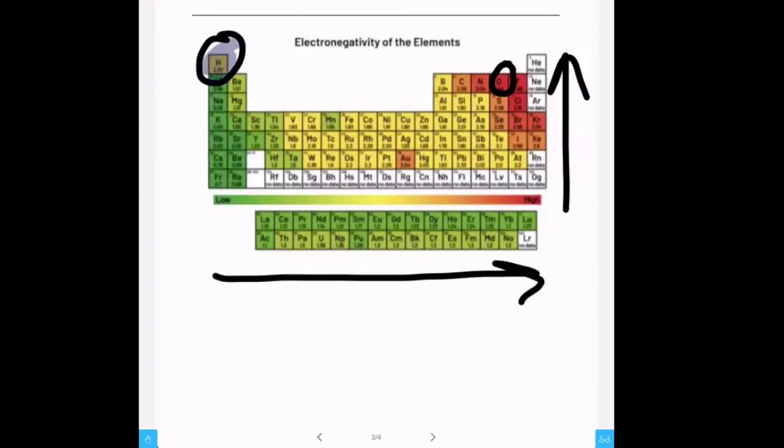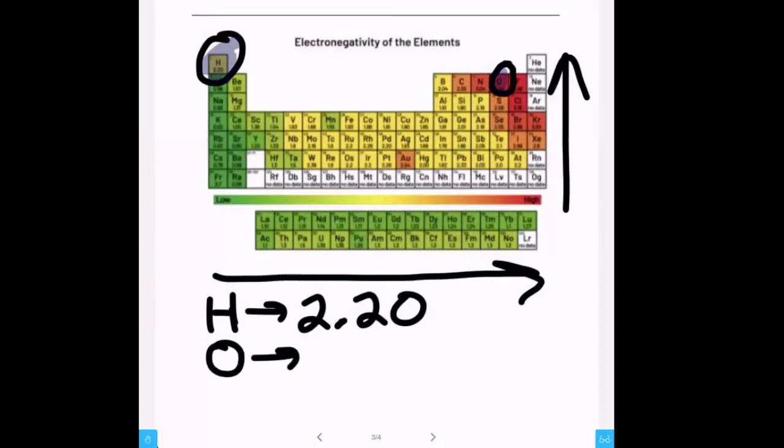So it's 2.20. So hydrogen is 2.20. The electronegativity of oxygen that is written on this table is 3.44.